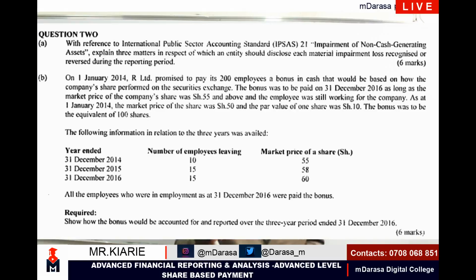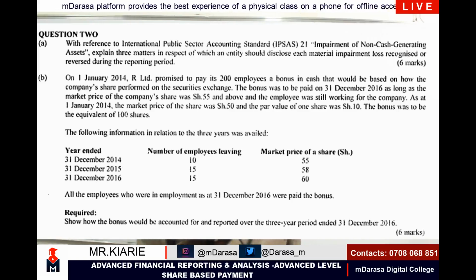The first vesting condition is that the employee must remain in employment, and the other vesting condition is that the share price must at least be 55 shillings and above.